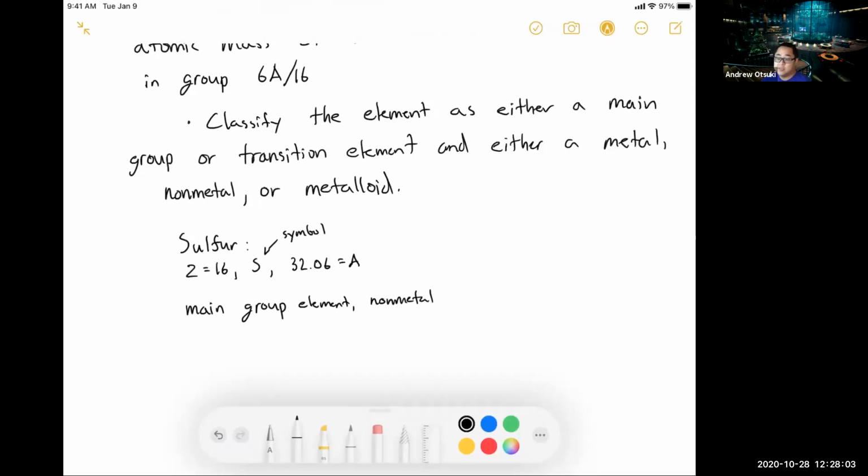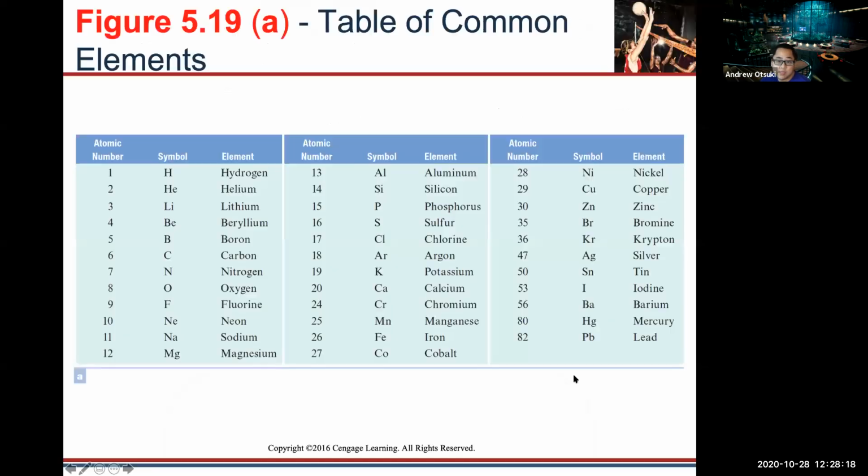Okay, so now this exercise, we're going to study this slide. This is the table of common elements that you'll be required to know.